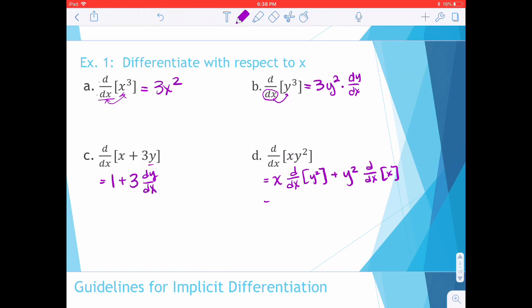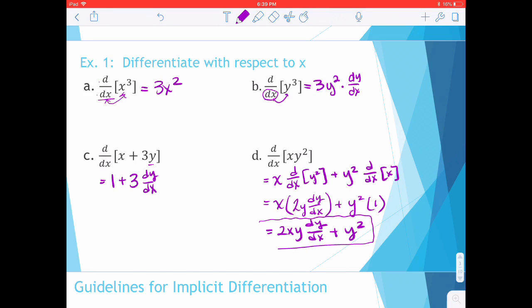Then we have x times the derivative with respect to x of y squared, which is 2y dy dx. And then we keep the y squared and take the derivative of x, which is just 1. So we get 2xy dy dx plus y squared. And that's the derivative of this function right here.